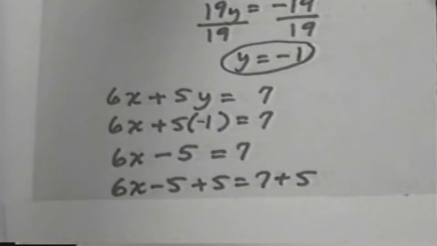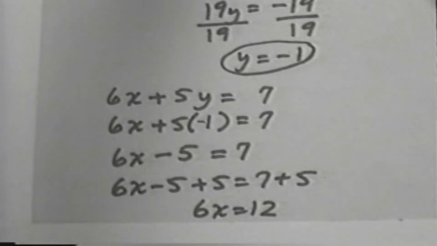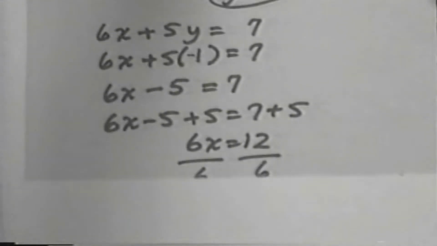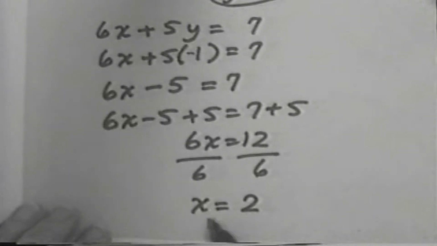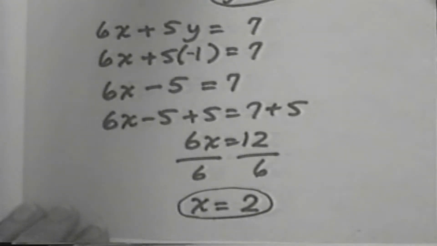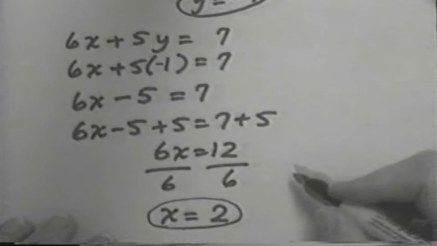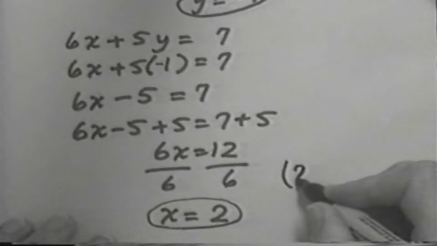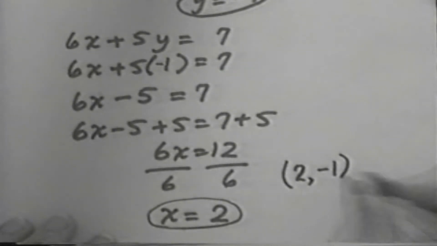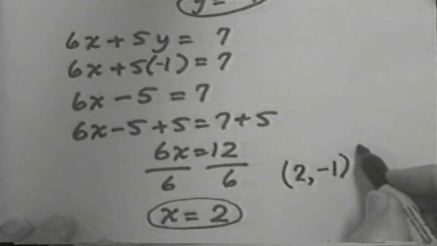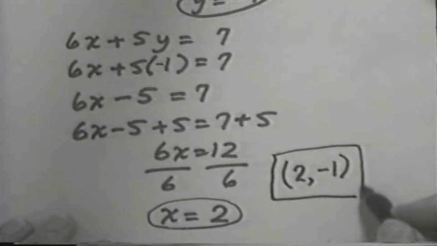On the left, the 5's cancel, leaving me with 6x. On the right, 7 plus 5 gives me 12. Dividing by 6 gives me x equals 2. And so this means that the ordered pair solution is the x is 2, the y is negative 1, and so we write the ordered pair 2, negative 1. 2, negative 1 for the final answer.